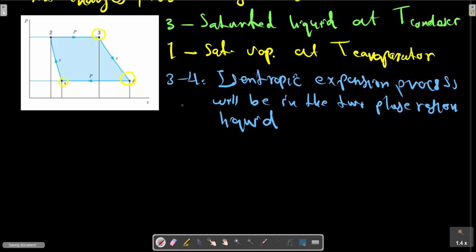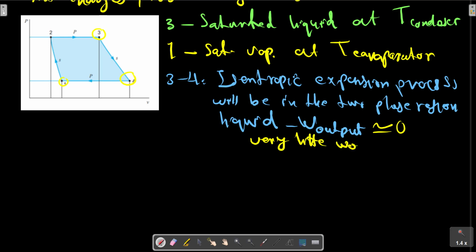As a consequence, there will be very little work output from this process, near zero. So it is not worth the cost of including this piece of equipment in the system.